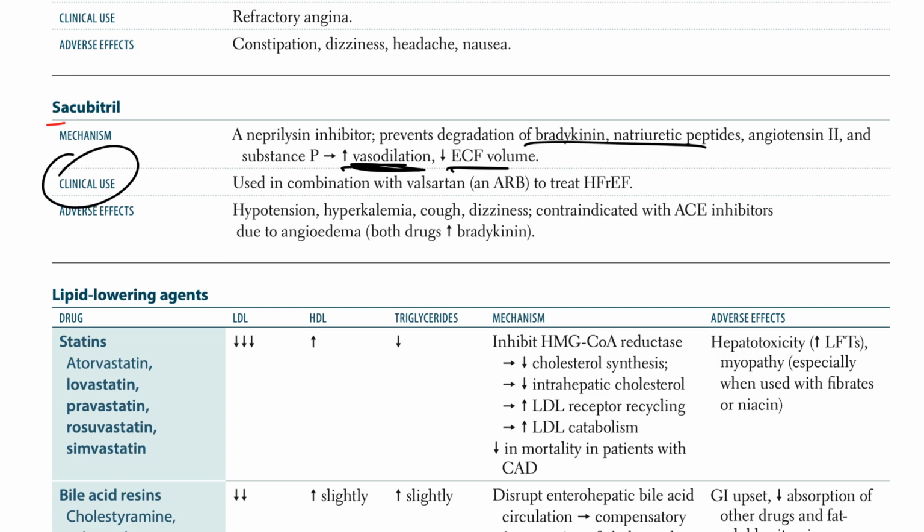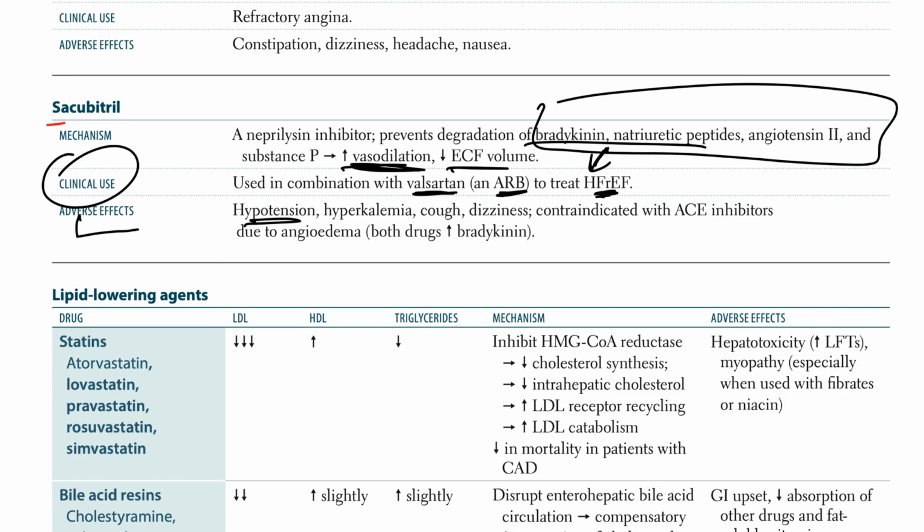Clinical uses: it is used in combination with valsartan, which is an ARB, to treat heart failure with reduced ejection fraction. And adverse effects. All of these things will cause what?